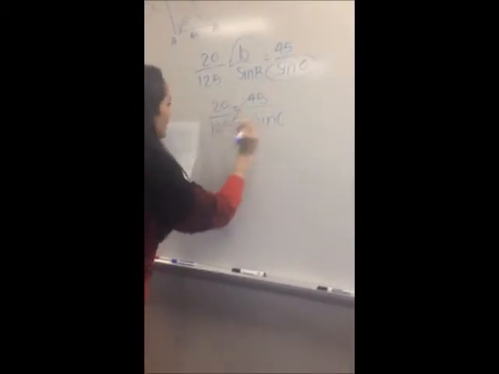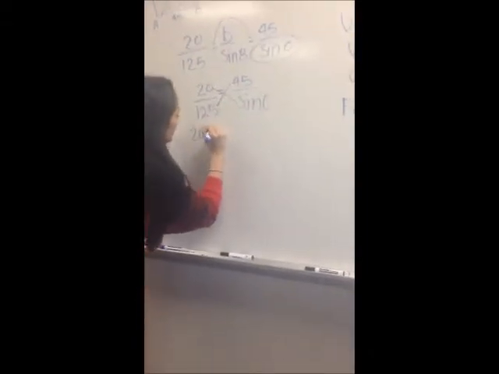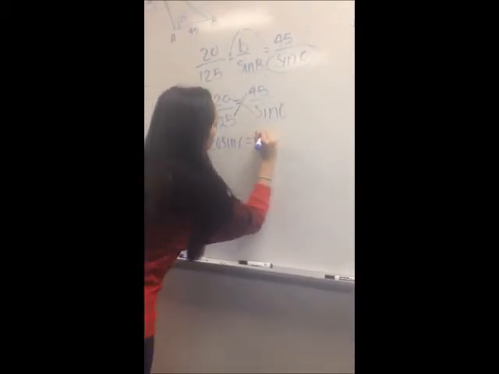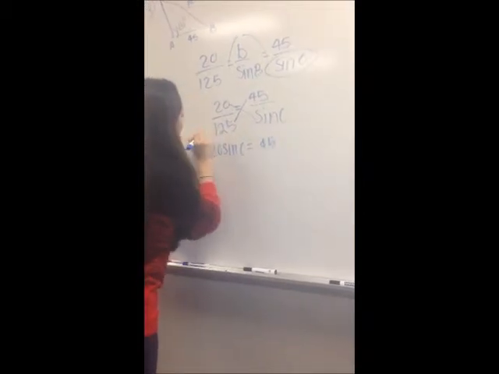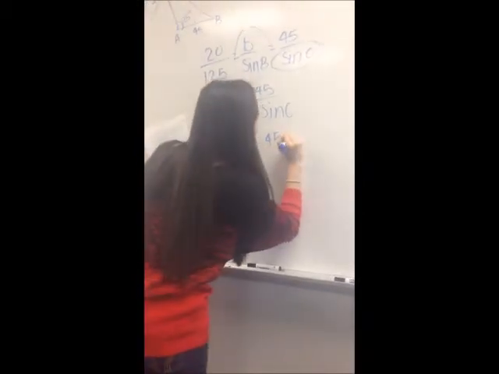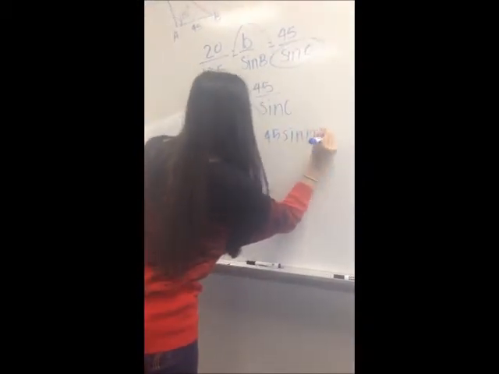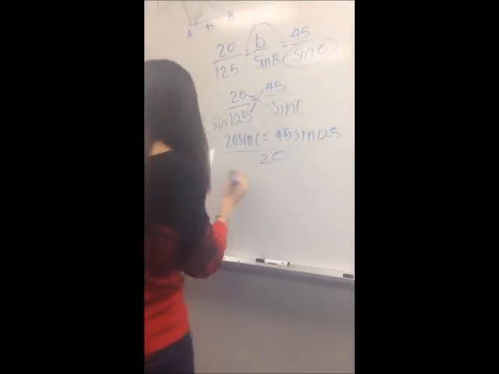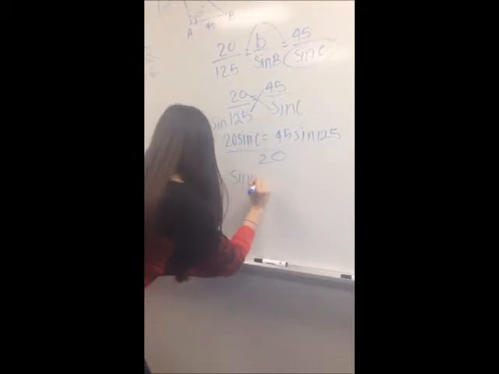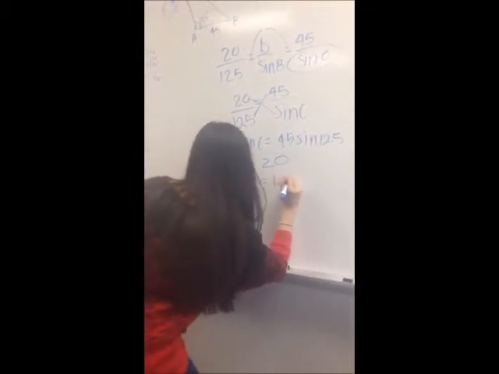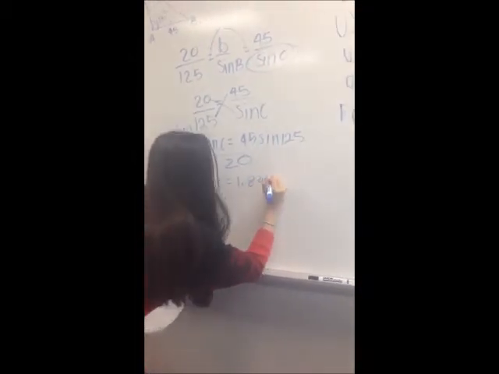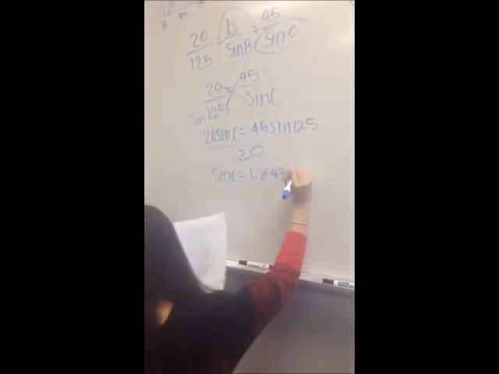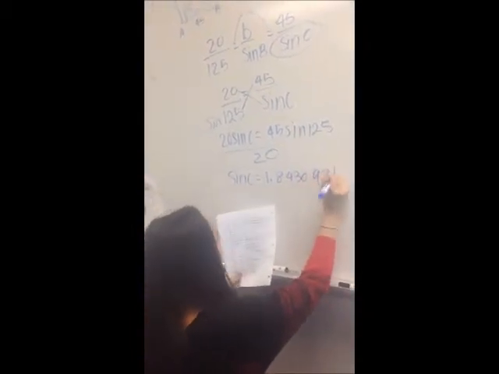So we're going to cross multiply again. So we need 20 sine of c is equal to 45 sine of 125. And we're going to divide by 20. And our sine of c will equal 1.8430921.